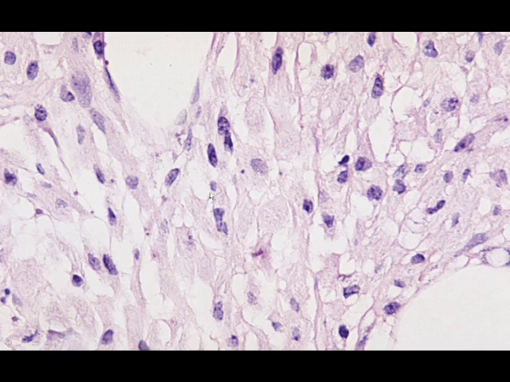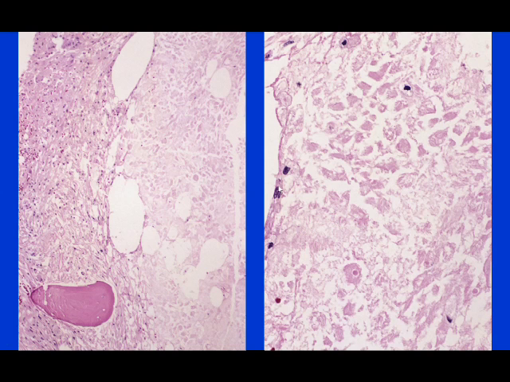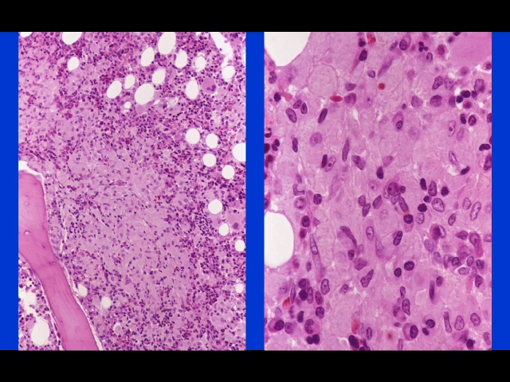At higher magnification, we see some of the degenerative features of these cells, and in this area of the biopsy, we see frank necrosis of the cells. And this is a well-known phenomenon that can occur in Gaucher's disease, where they undergo infarction of not only the Gaucher infiltrate, but in the bone. And it can lead then to pathologic fractures.